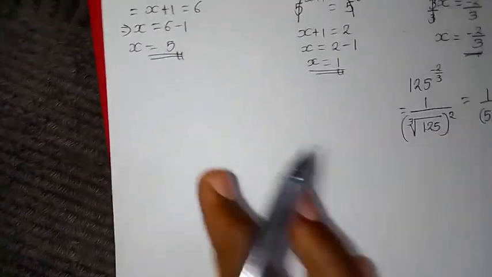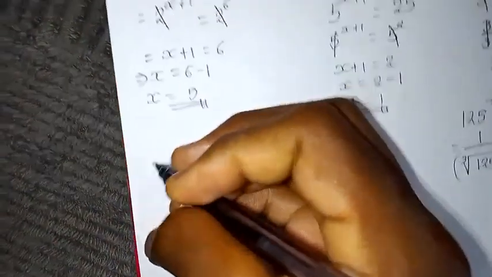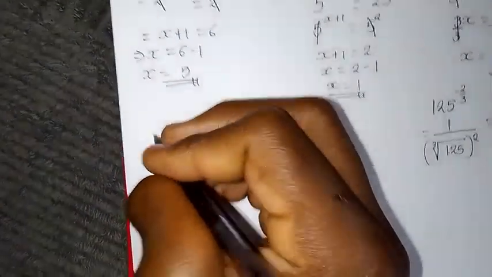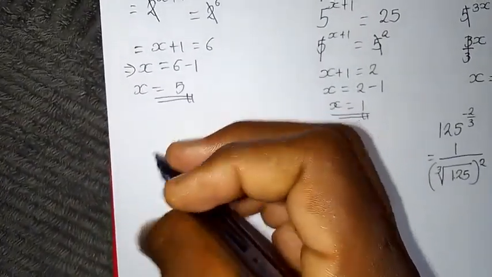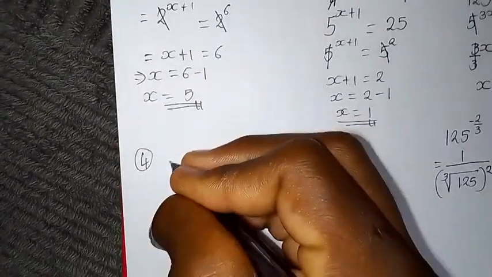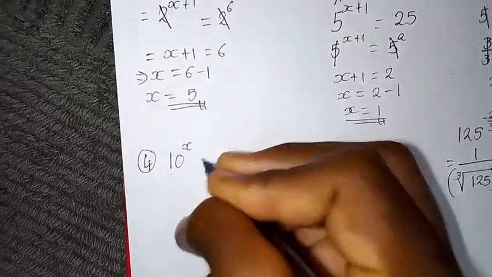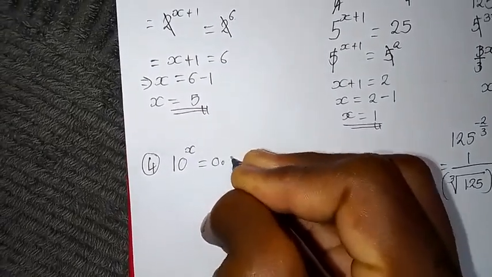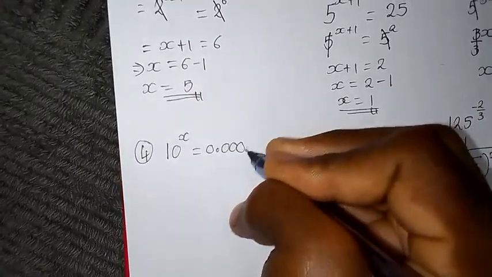So let me write now the last question on solving equations with unknown power. It's number 4. 10 power x is equal to 0.0001.